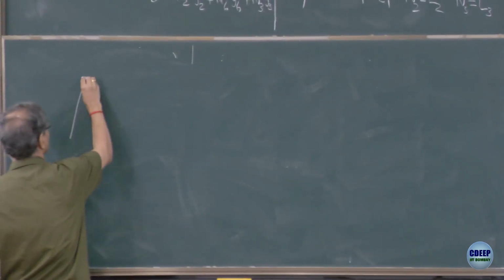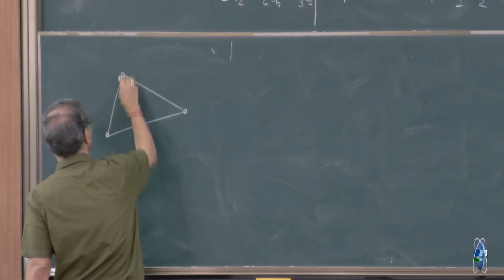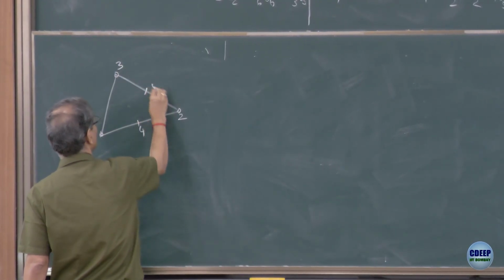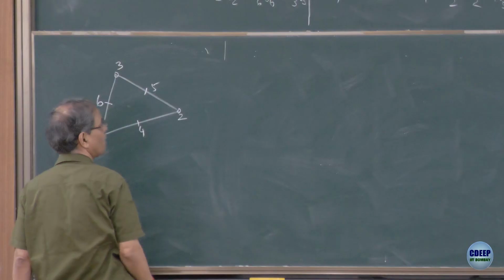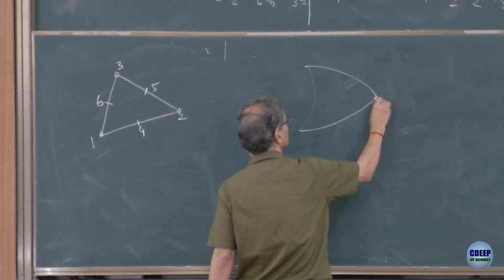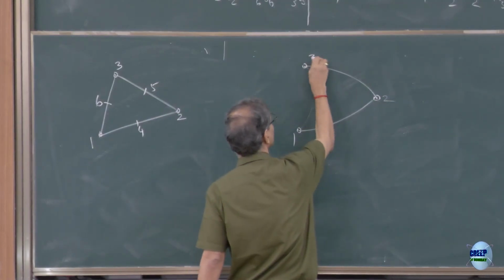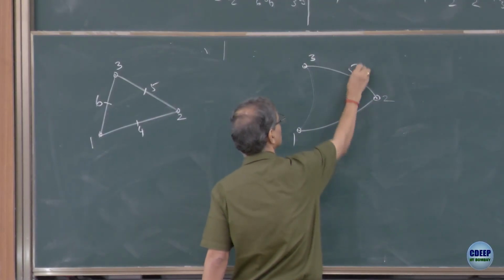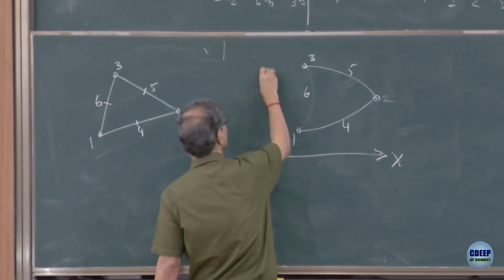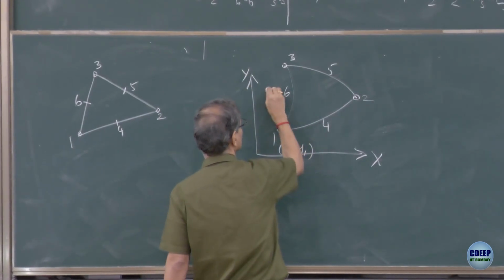So I have a parent element triangle 1, 2, 3, 4, 5, 6, and this is transformed to some real physical element 1, 2, 3, 4, 5, 6 in the physical xy coordinates, say x1, y1 to x6, y6.